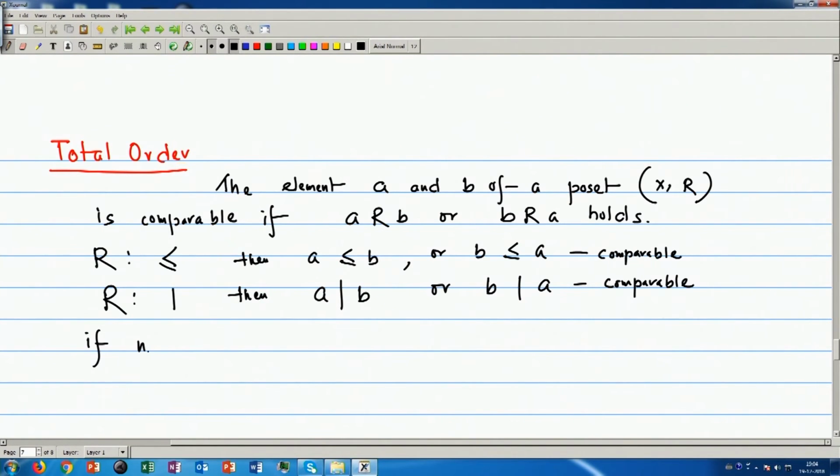If neither A R B nor B R A holds, then it is incomparable.